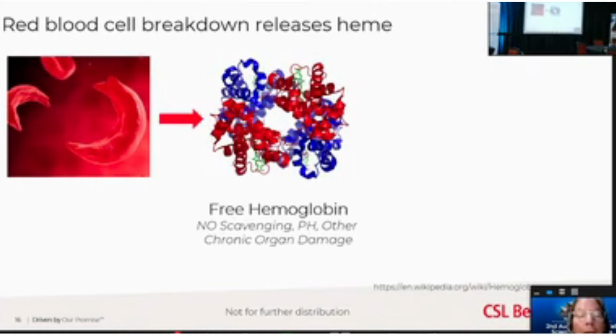Free hemoglobin, when it gets out of the red blood cell where it belongs, to the plasma space where it doesn't belong, can scavenge nitric oxide, leading to chronic endothelial dysfunction. It can promote the risk of developing pulmonary hypertension, and as well promote other chronic organ damage.